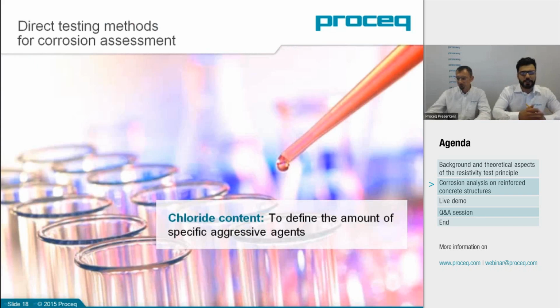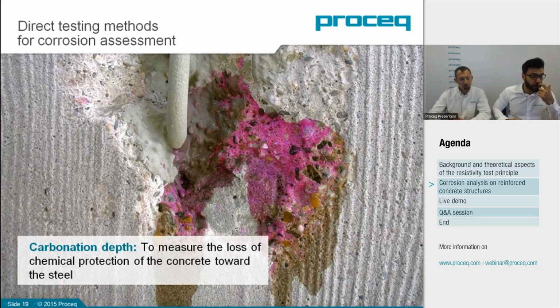On the other side, we have some direct testing methods in our arsenal. We could do chloride content, for example, where we define the amount of a specific aggressive agent that we're dealing with. We could do carbonation depth tests. In this picture, as you can see, on the surface we expect some carbonation because it's exposed.